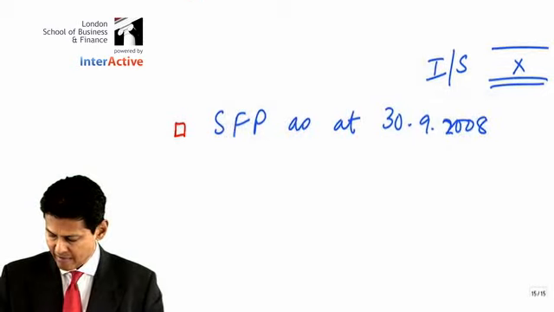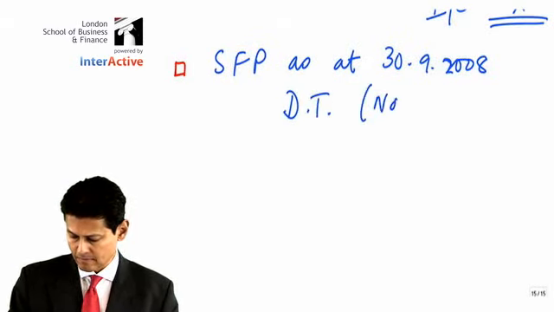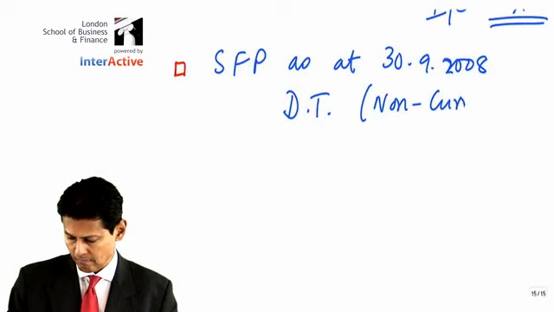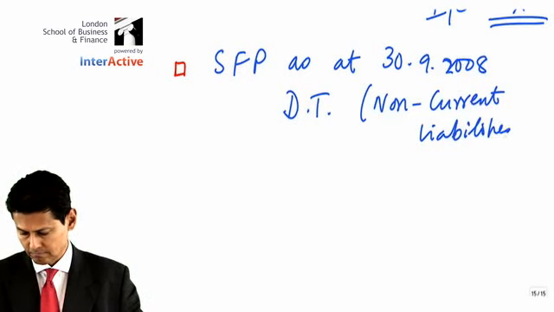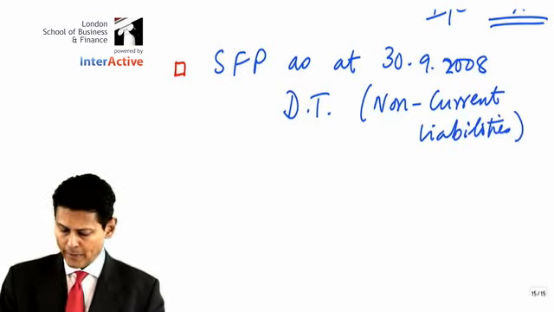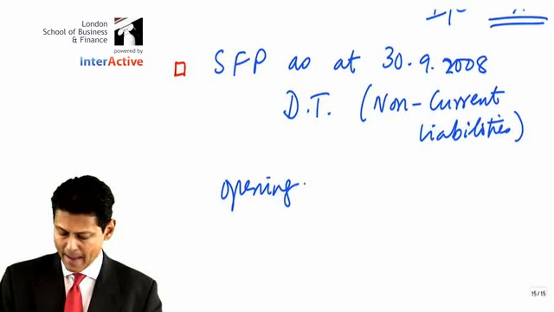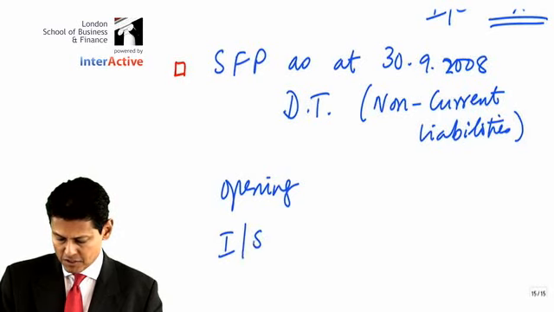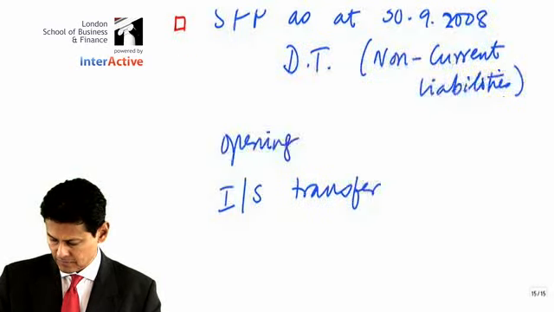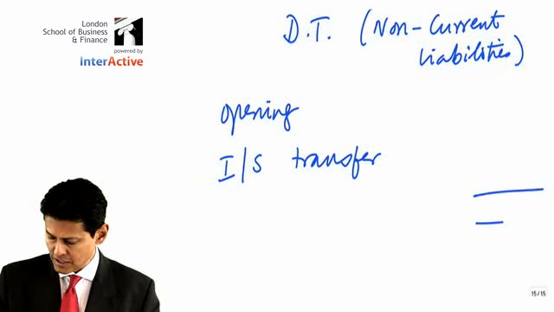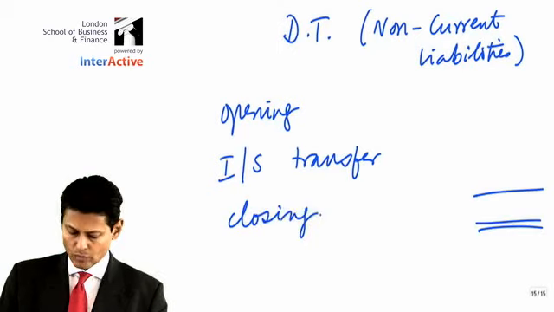And of course, we have non-current liabilities, deferred tax, opening, don't know, leave a gap. Income statement transfer, definitely don't know. And the closing balance, which I'm going to do through workings.